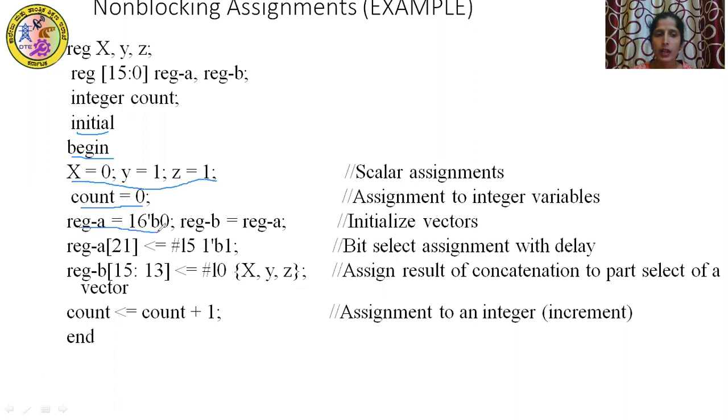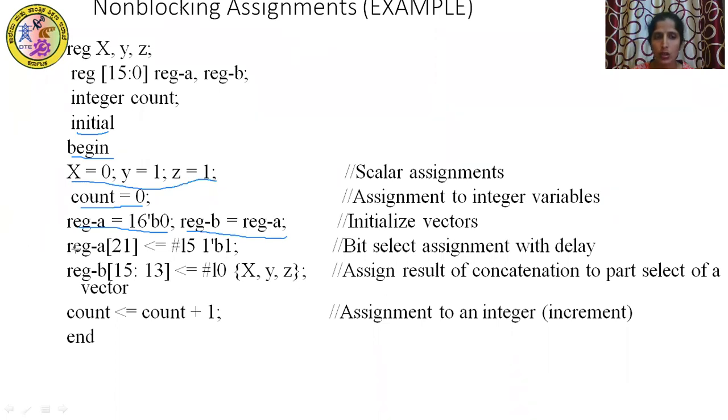Register A is equal to 16-bit binary 0, and register B is assigned with the content in register A. All these statements will be executed at the 0th instant of time, since they are not associated with any delay.